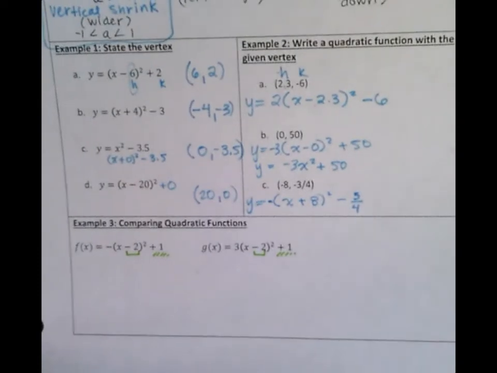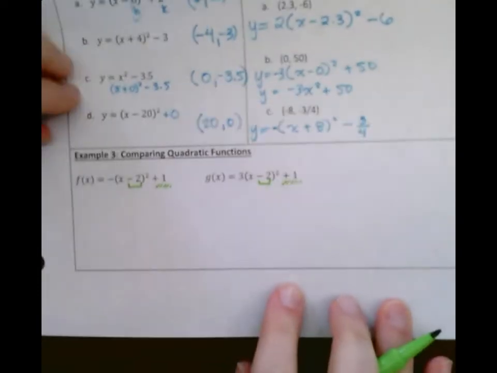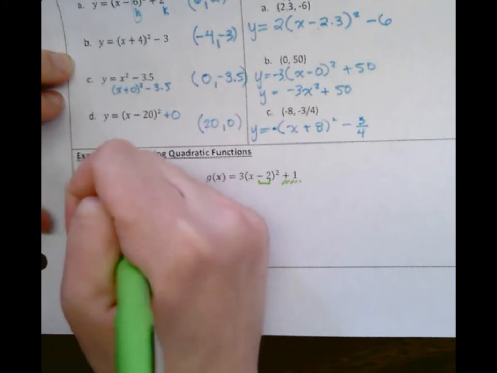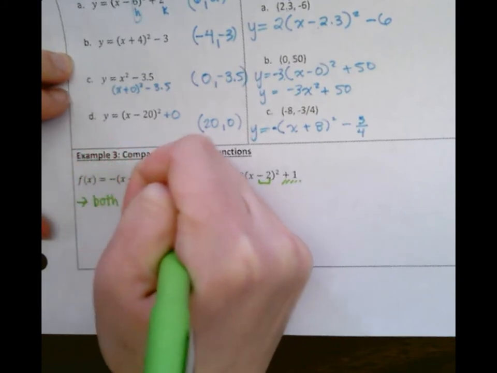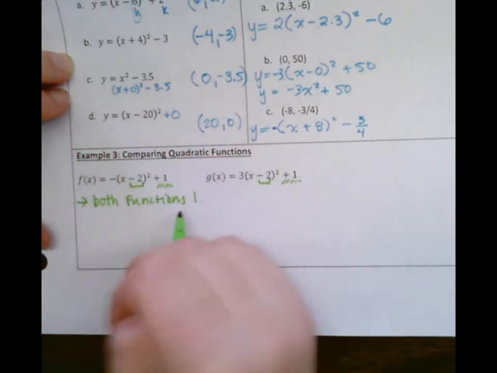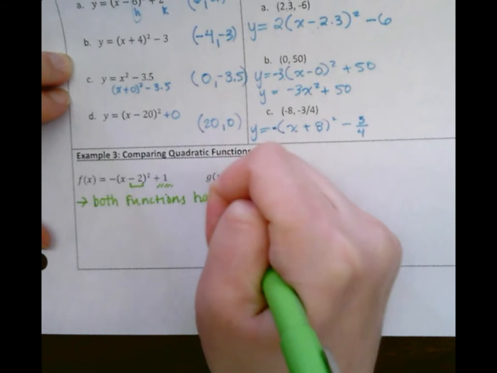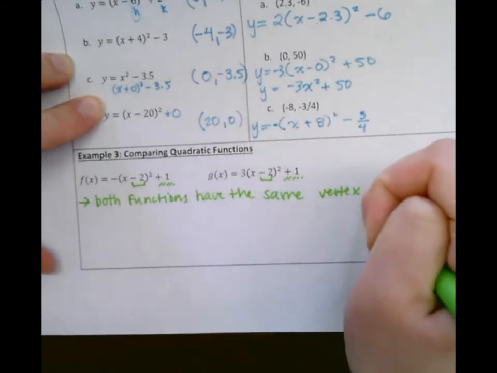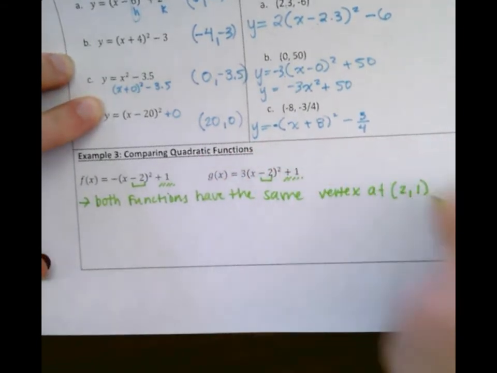So that's telling us that these two functions have the same vertex, right? So that's something they have in common. And that point is at 2, 1.